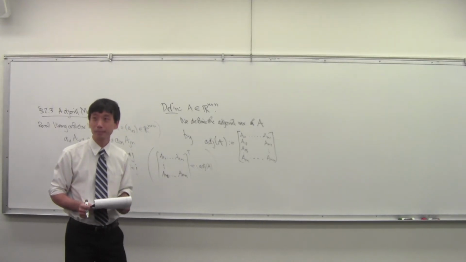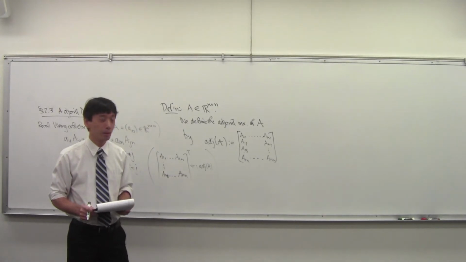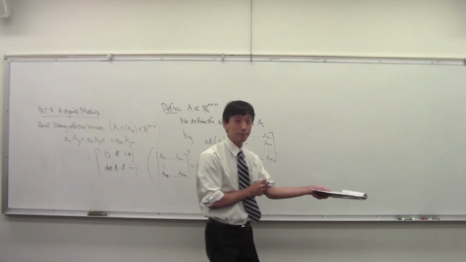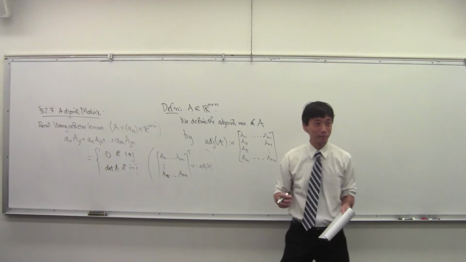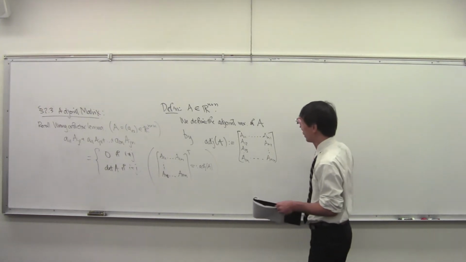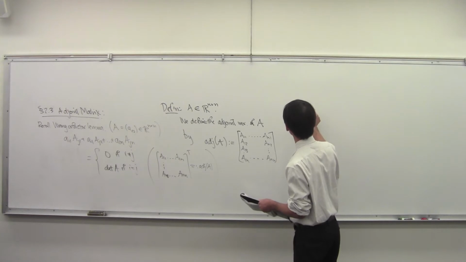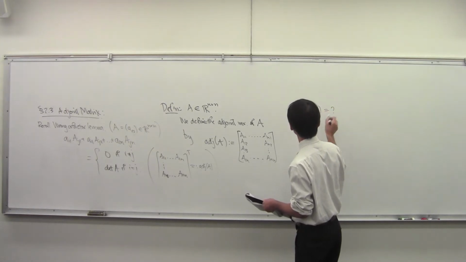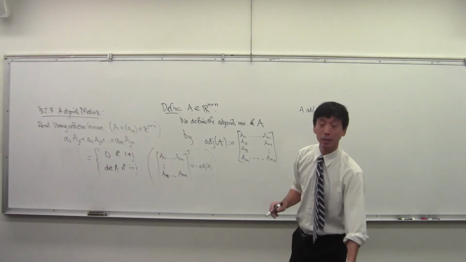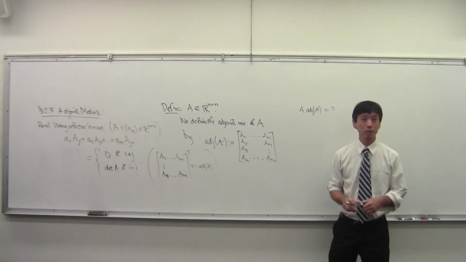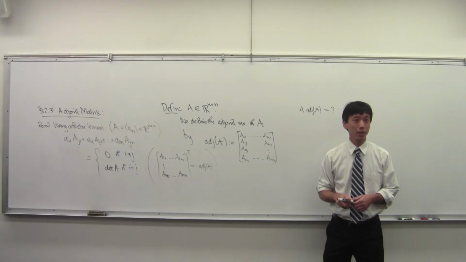Everyone all right? Okay, great. So now, what happens if you take A times its adjoint? What happens if you take your original matrix and multiply it by the adjoint matrix?